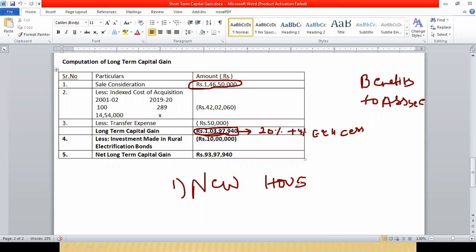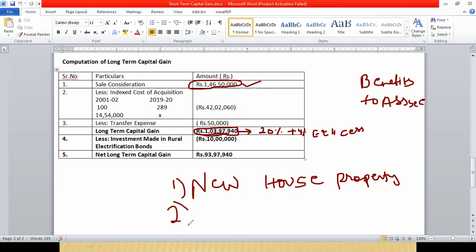Two important options we are discussing. If you invest this amount in a new house property, imagine Mr. Ranade sold this old house property in Delhi for 1 crore 46,50,000 and he has purchased a new house property using this entire amount.